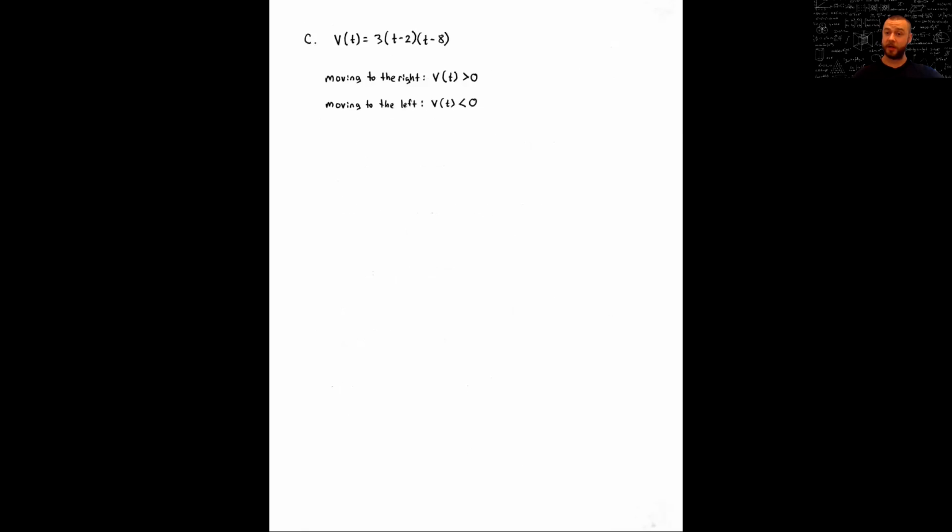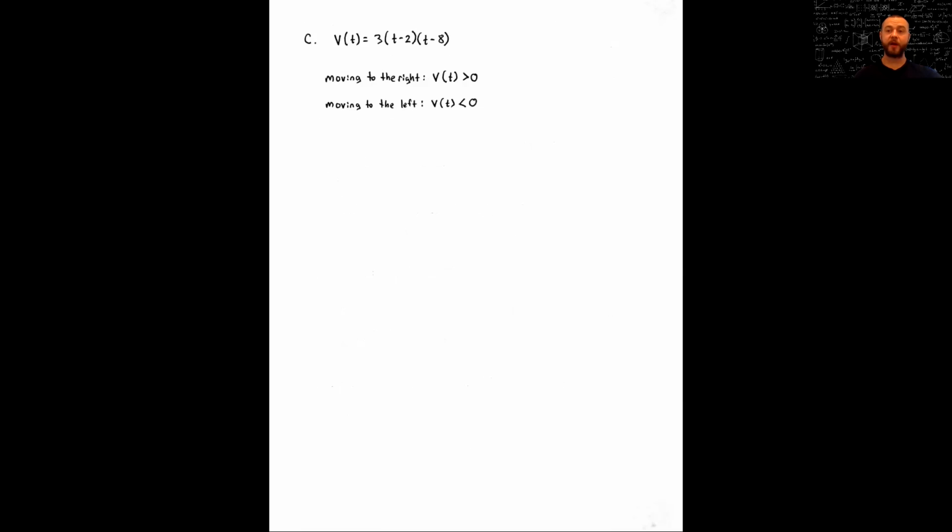And that's how we use a sign chart. We're first going to determine where that quantity equals 0, and then at all other values for time, that quantity would be positive or negative. So just make sure you reference here, we have two values for which the velocity is 0, t equals 2 and t equals 8. Let's go ahead to the next page to create the sign chart for velocity.